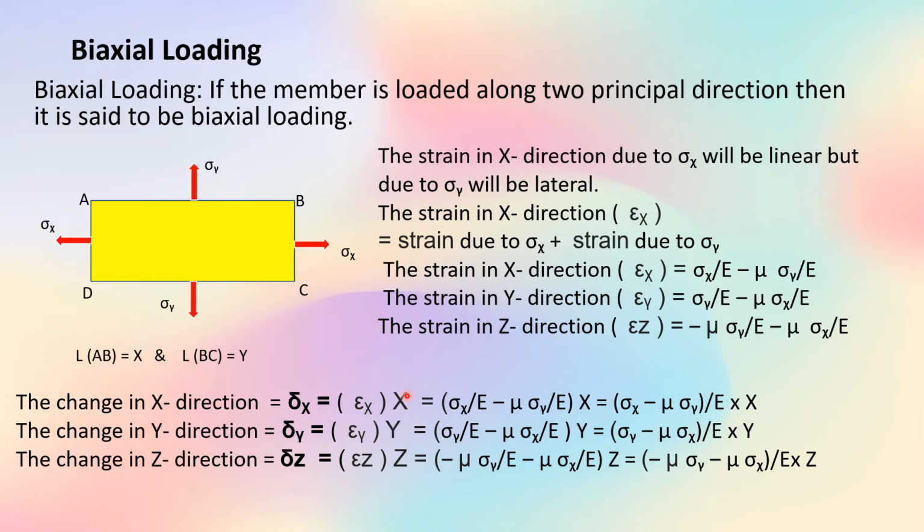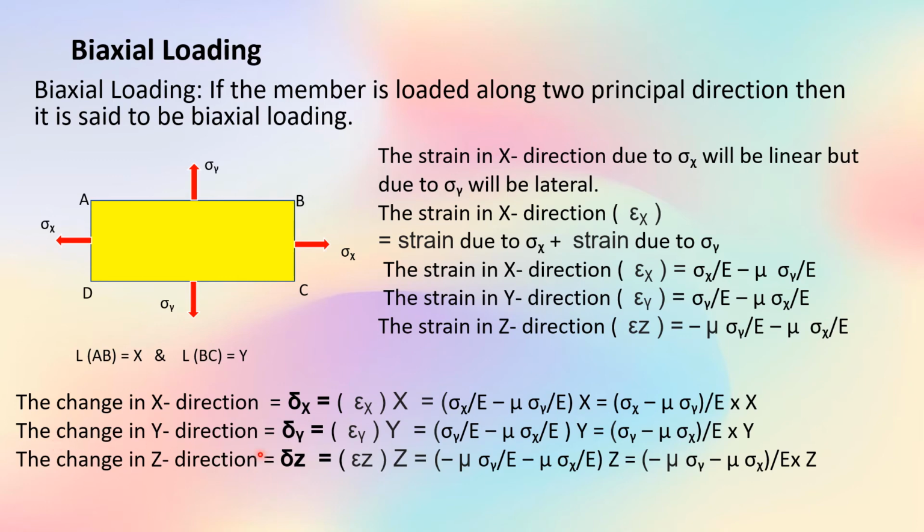Substituting epsilon x, it is sigma x divided by E minus mu sigma y divided by E, this whole thing in bracket into x. If I take 1 upon E common, it becomes bracket open sigma x minus mu sigma y bracket close divided by E into x. That gives me delta x, the change in x direction. And it is always better to take E common while doing the calculations.